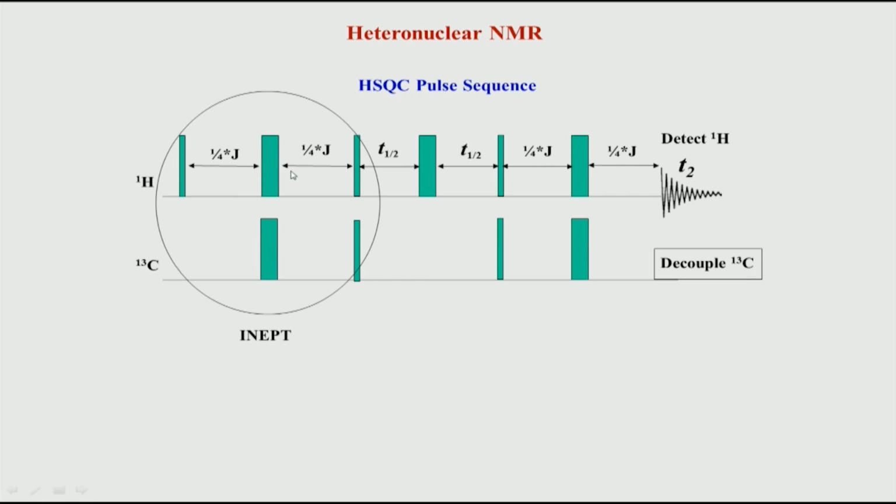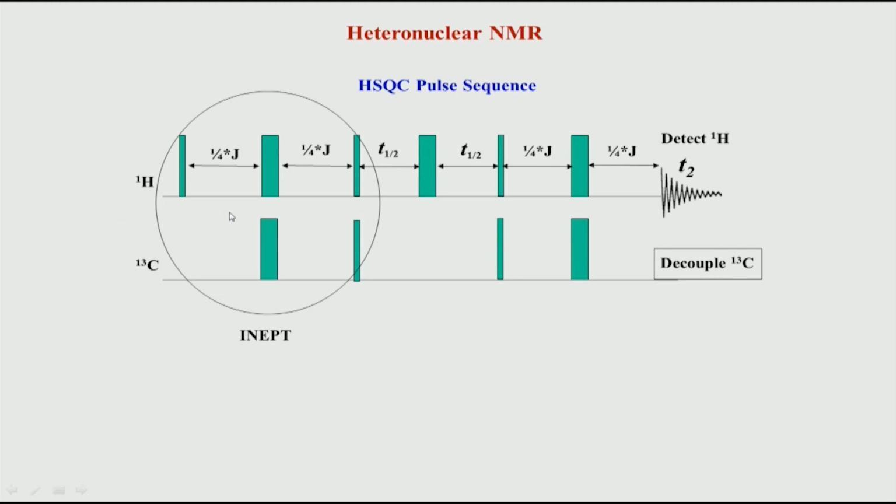This is how we implement this whole INEPT. Then you apply one more delay, and then a 90-degree pulse on both carbon and proton. Typically in 2D NMR pictures, if you read literature and papers, we show the top portion as hydrogen and the bottom portion as carbon. Why is it shown like this? Because this is hardware.